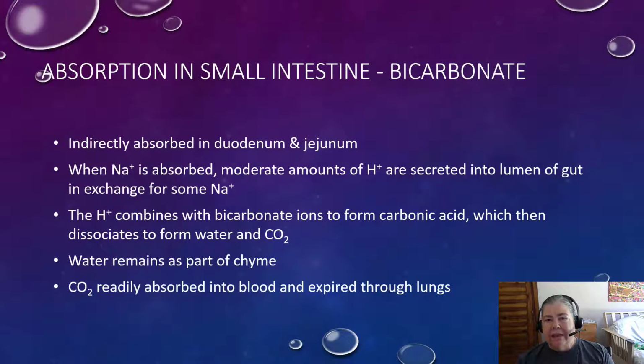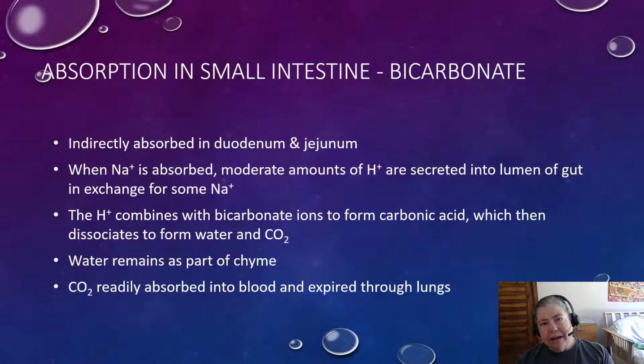Bicarbonate is indirectly absorbed in the proximal small intestine, the duodenum and the jejunum. So when we're absorbing sodium, some of that is through an exchange with hydrogen ions that are secreted into the lumen of the gut.